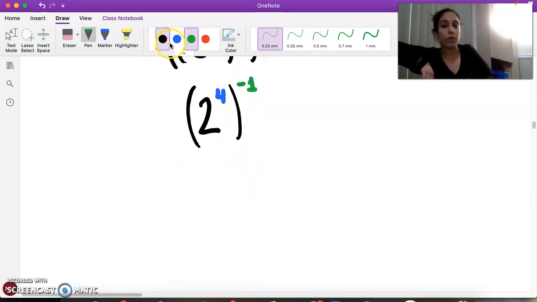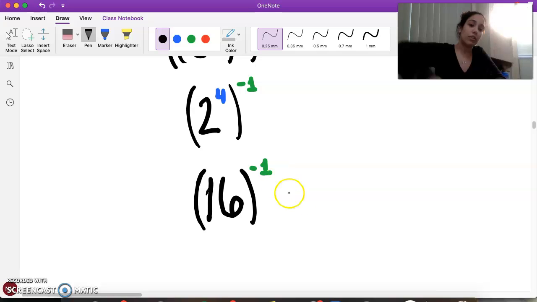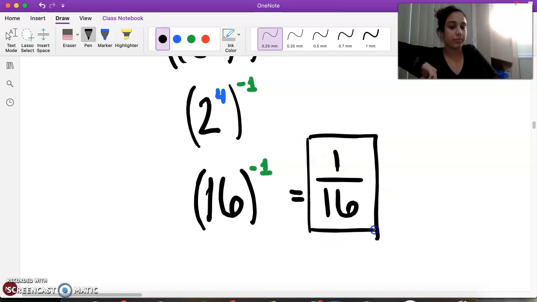So 2 to the 4th power is what? 2 to the 4th power is 16. To the -1st. And 16 to the -1st is what? 1/16. There's your flip. Final answer.